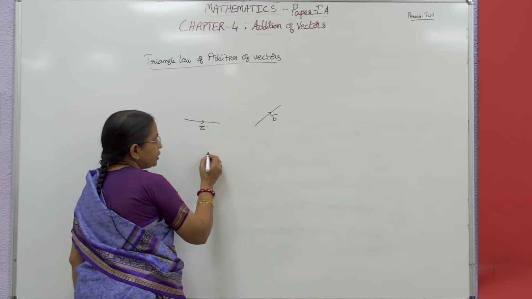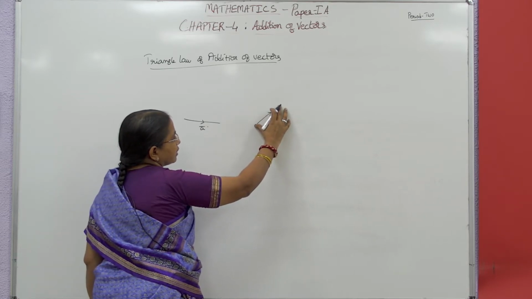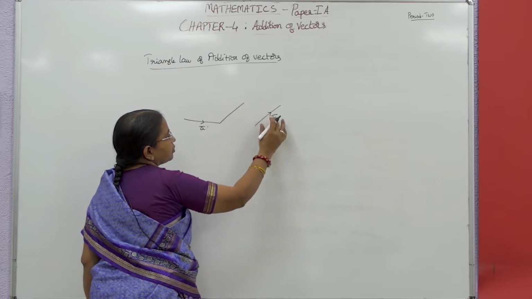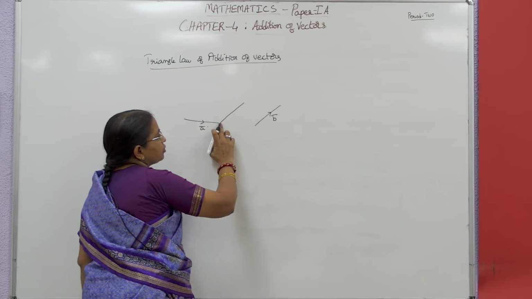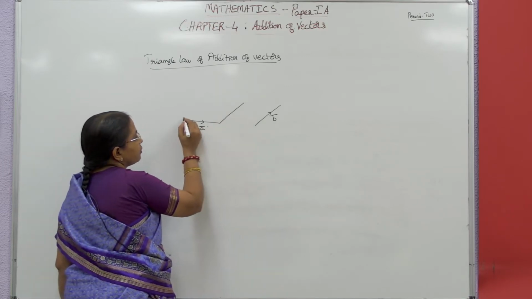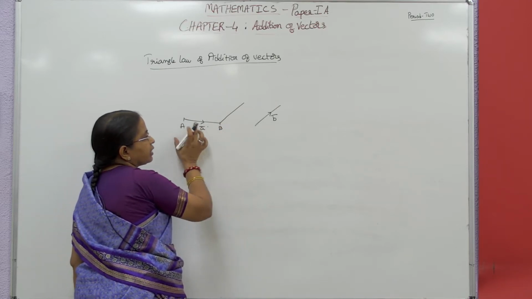So what you do is draw a vector equal to this, and its initial point should coincide with the terminal point of the first vector. This is the initial point of the first vector, and this is the terminal point of the first vector AB.